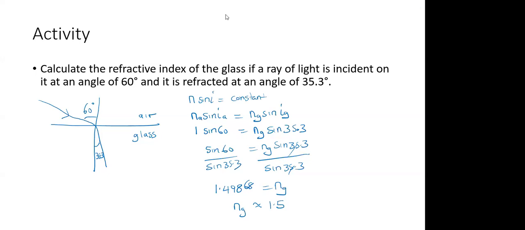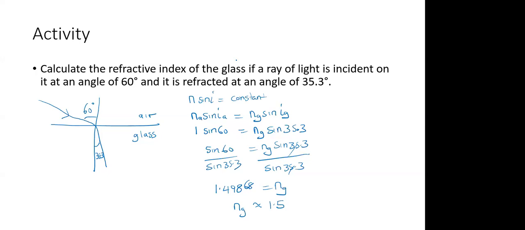Chiberu, a question? Yes, teacher. I wanted to know about this statement of refractive index. Why are you putting air first, then glass second? Why isn't light traveling from glass to air?